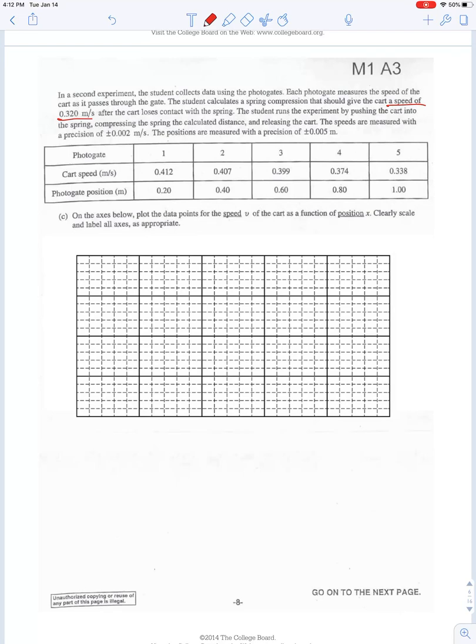The student runs the experiment by pushing the cart into the spring, compressing the spring the calculated distance, and releasing the cart. The speeds are measured with precision of plus or minus 0.002 meters per second. The positions are measured with precision of plus or minus 0.05 meters.